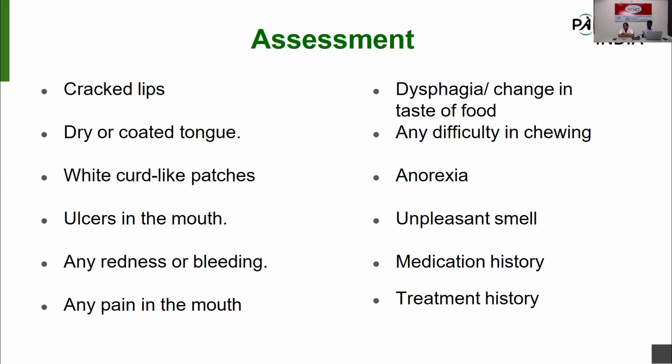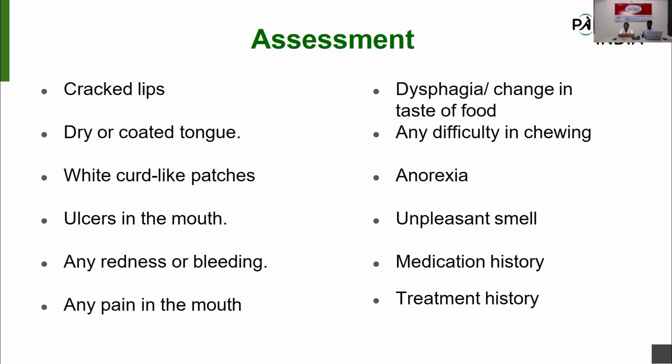So what are the assessments when we are doing an oral care? We have to assess the mouth first, right? So what all things will you assess? We should check for cracked lips, whether the lips are cracked or not, and a dry and coated tongue. In order to find out whether oral thrush is present or not, that is Candida albicans, a fungal infection, right?